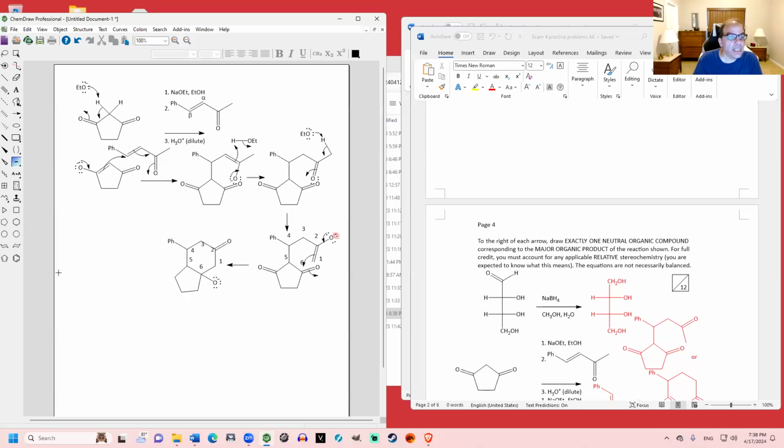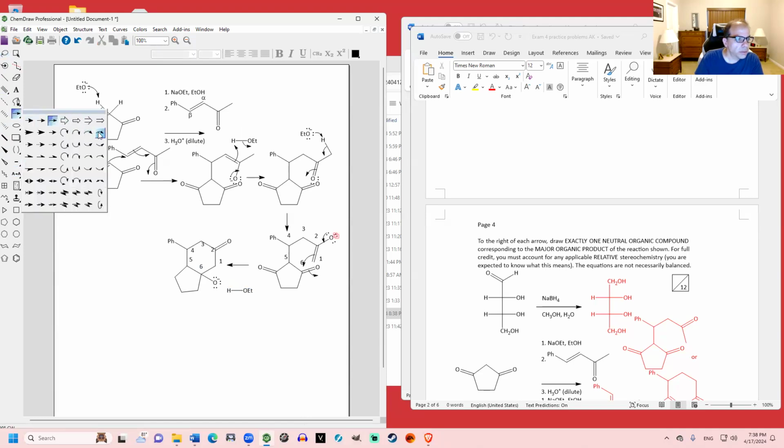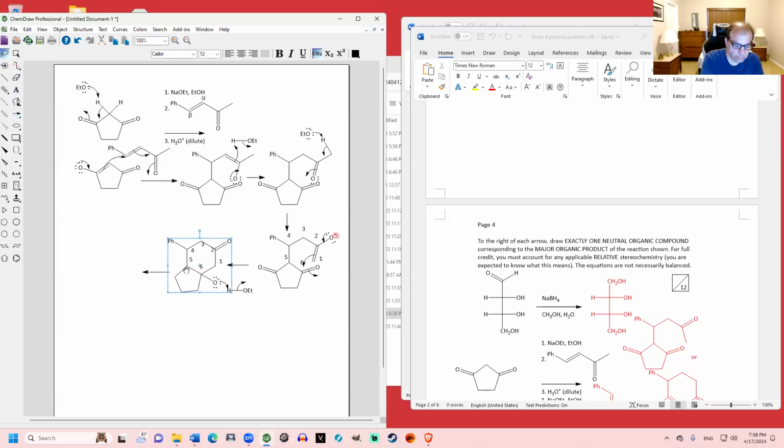And then I would expect the oxygen would pick up a proton from ethanol. Just like before. And you'd get that aldol addition product.